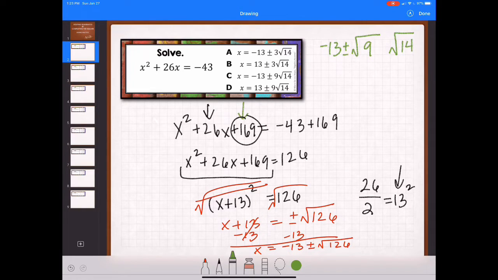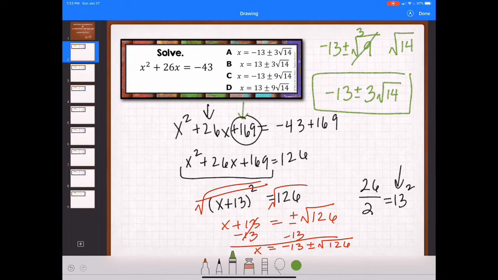So 9 times 14 is 126. And radical 9 is the same thing as 3. So our final answer is negative 13 plus or minus 3 radical 14. And the answer is A.